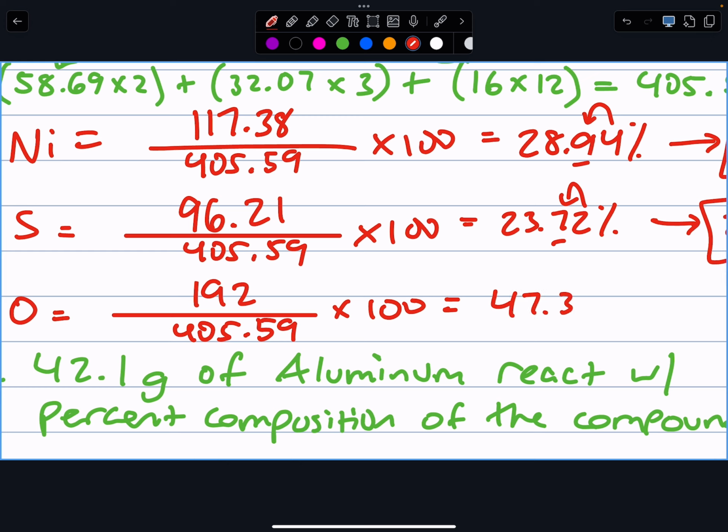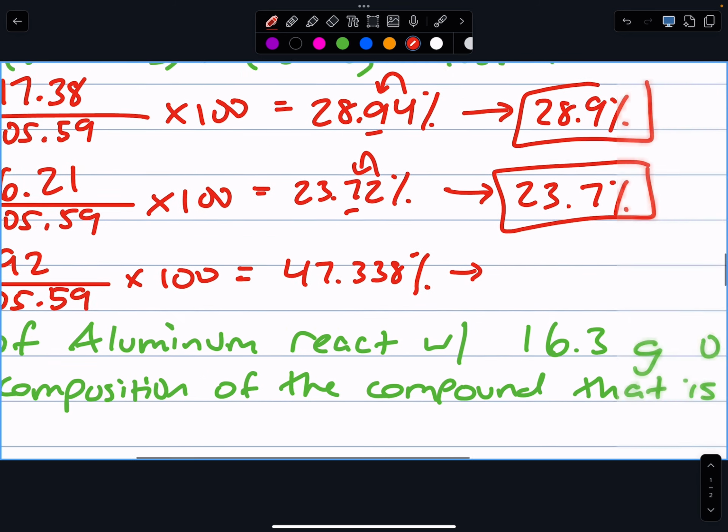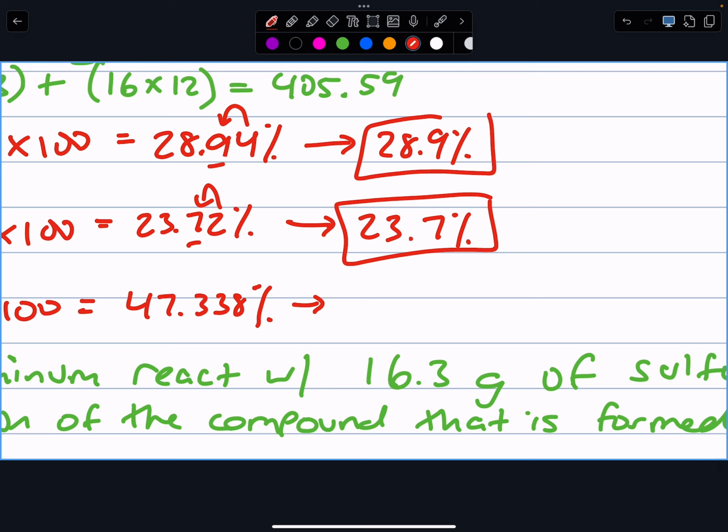Okay, again, how many sig figs per percent? Where's the third sig fig? Can this 3 round that 3? 47.3. All of these have 3 sig figs, right?